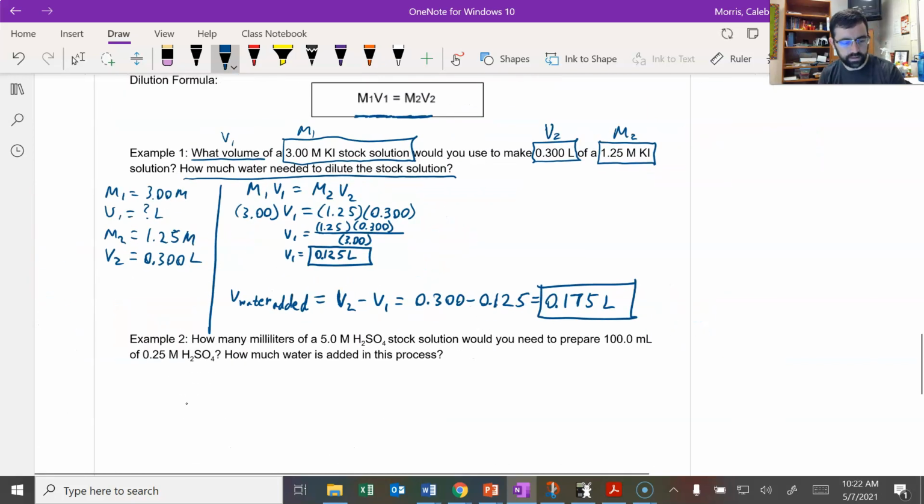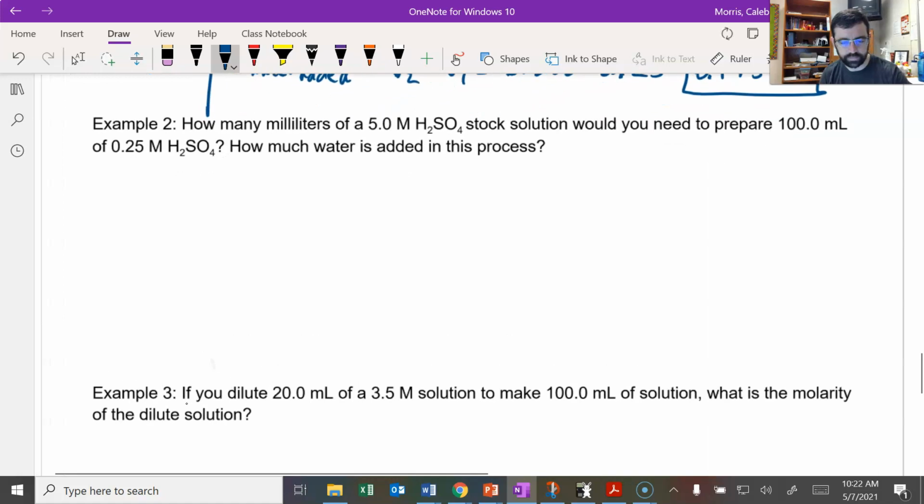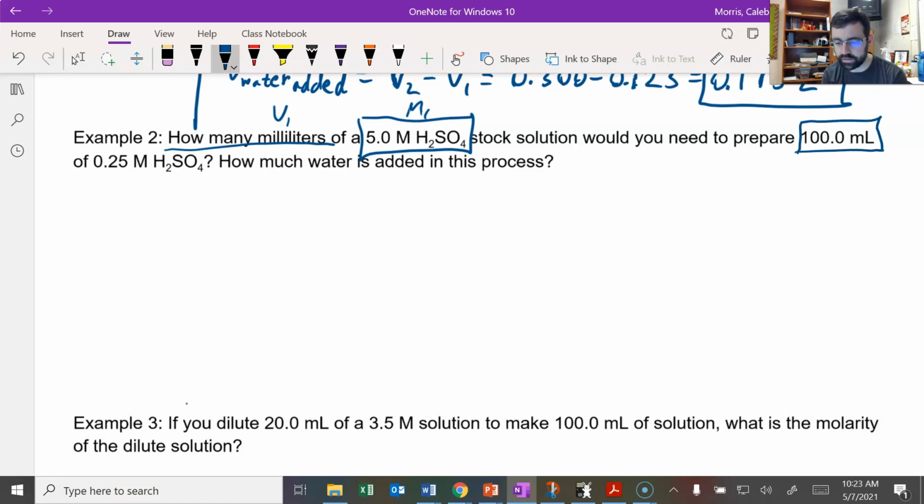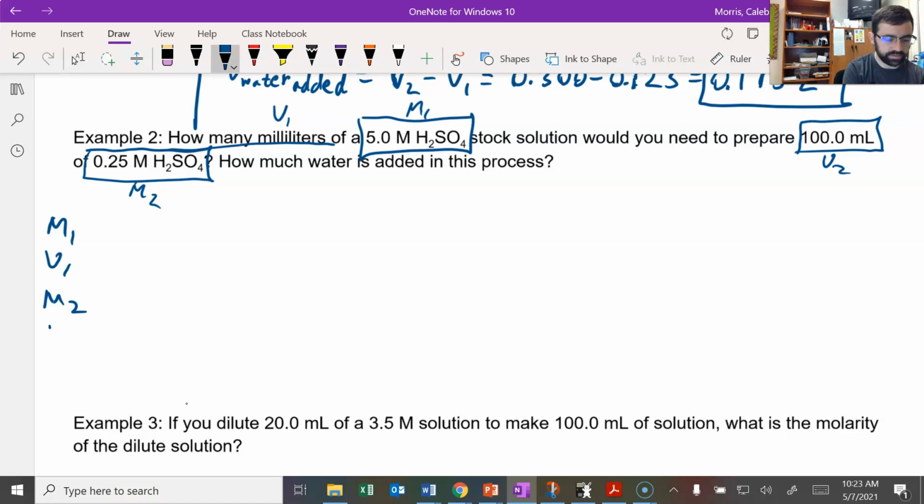Okay, look at example 2. If you get the hang of it, try example 2 on your own. You may not need to watch this, just check the answer at the end. How many milliliters of a 5 molar H2SO4 stock solution, so that's M1 and V1, would you need to prepare 100 milliliters, that's V2, of 0.25 molar H2SO4, that's M2? Again, M1, V1, M2, V2.